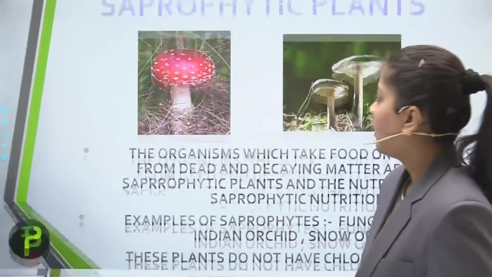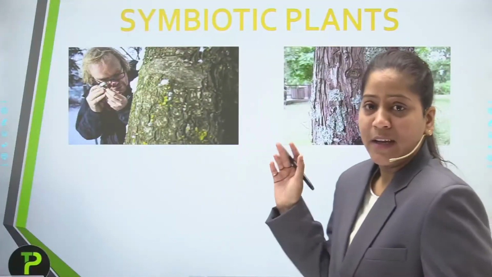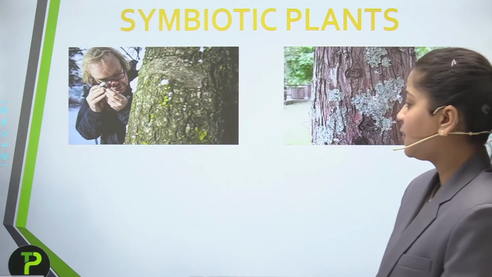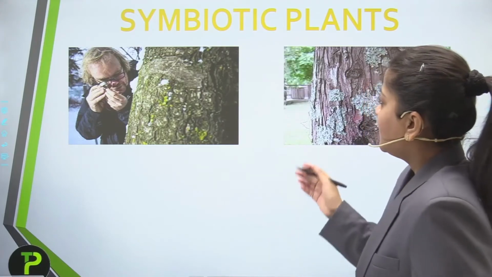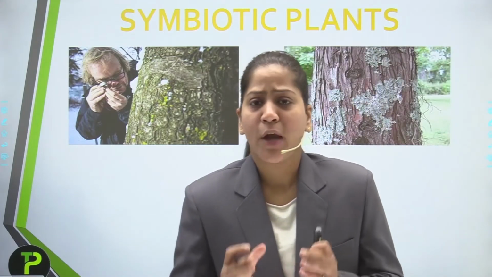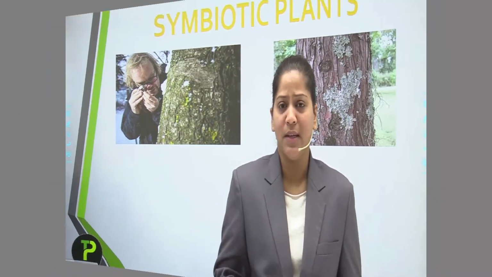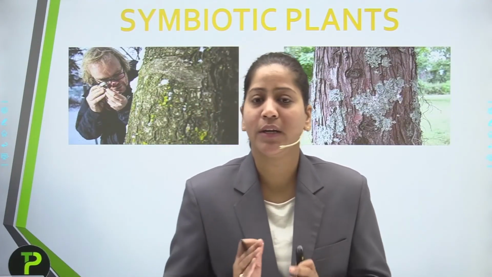Now, the third and last category of heterotrophic nutrition is symbiotic plants. Symbiosis means it is a relationship or an association between two different organisms in which both the organisms get benefited.